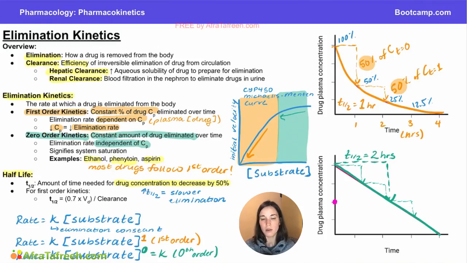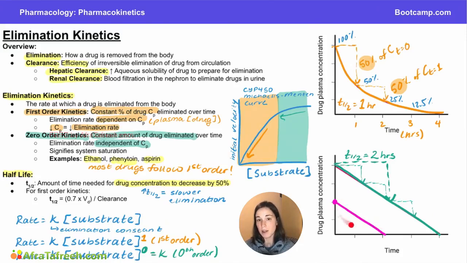But because this is zero-order kinetics and the elimination rate is independent of the drug plasma concentration, the rate that the drug is eliminated is going to be the same. So it is going to look something like this. And you can see that the elimination rate is the same because these lines are parallel to one another.